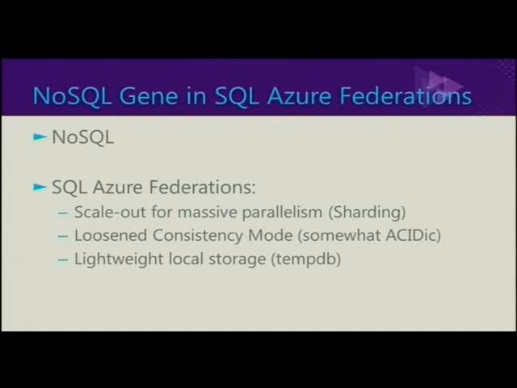What federations in SQL Azure does is it reduces the consistency of SQL Server a little bit. So we still have locking and we still have transactions, but the transactions only occur within shards, or actually, as we'll see later, the transactions only really occur within an atomic unit. We'll get to the definition of atomic unit soon.